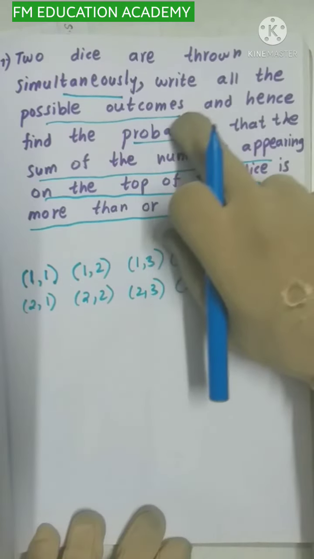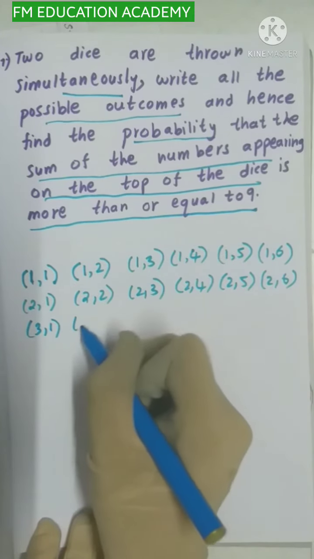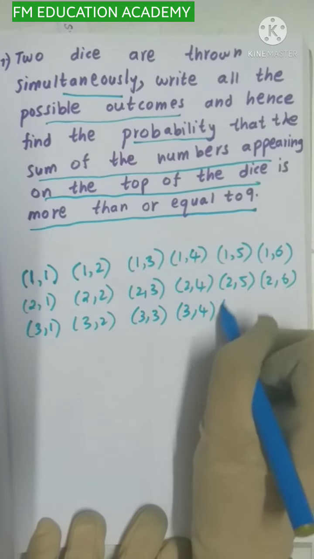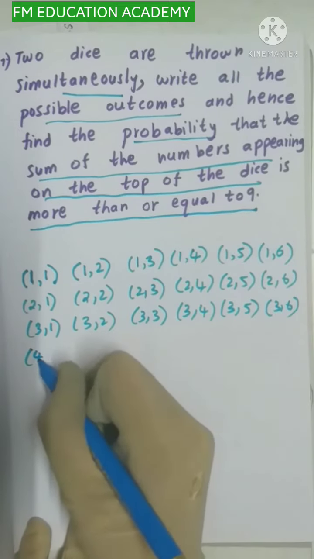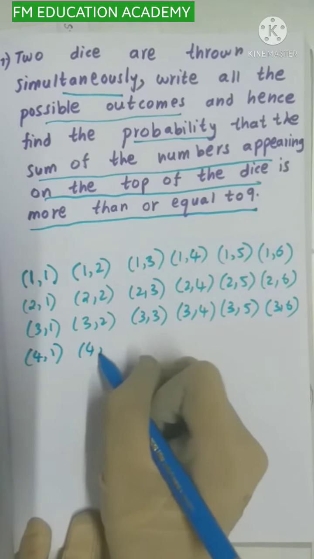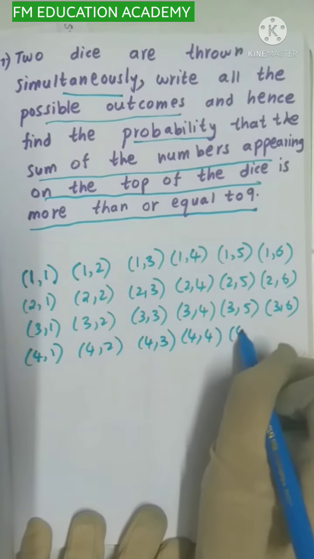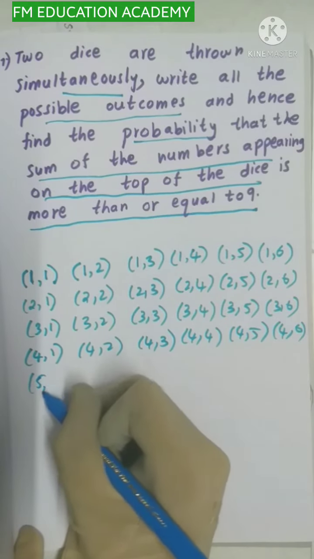It told me to write all the possible outcomes since it is the 8 mark question. Next, similarly, I can write 3, 1, 3, 2, 3, 3, 3, 4, 3, 5, 3, 6. Next, the first die it can be 4, second die 1. So 4, 2, 4, 3, 4, 4, 4, 5, 4, 6. Similarly, write for 5 and 6 also.